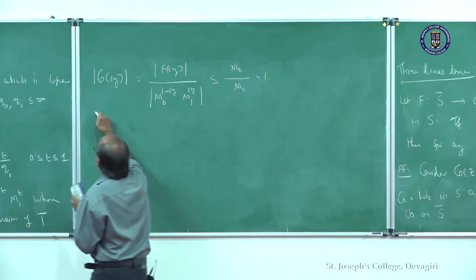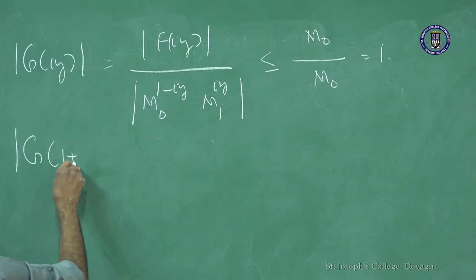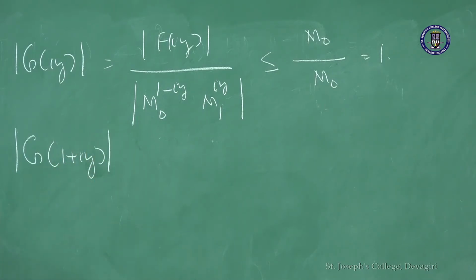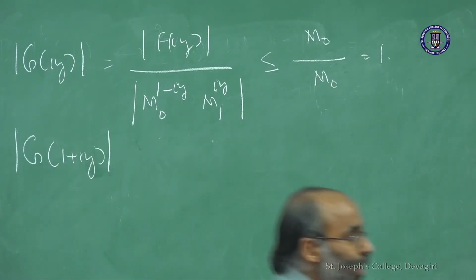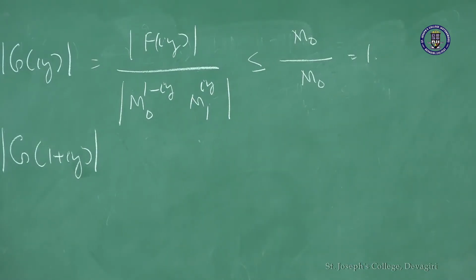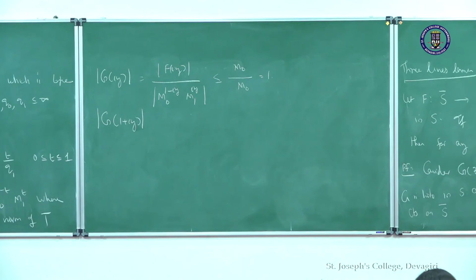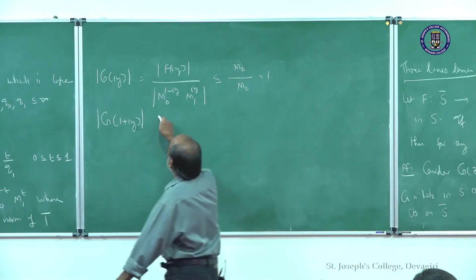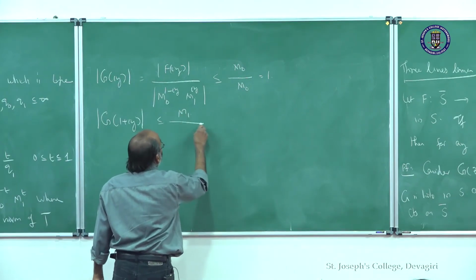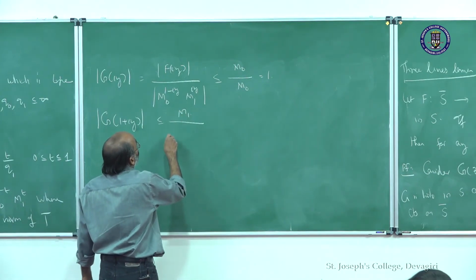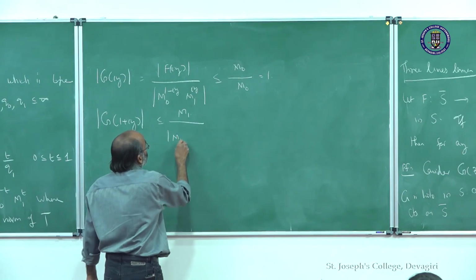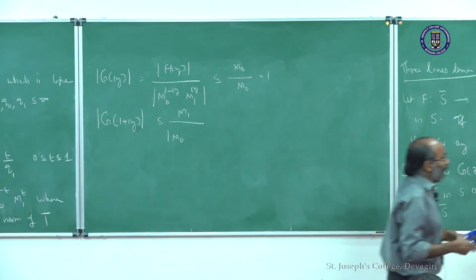Similarly, consider g of 1 plus iy on the other end, on this line. On this line, I know f is less than or equal to m1, and let's see what happens in the denominator. So this is less than or equal to m1 divided by modulus of m0 to the 1 minus z.